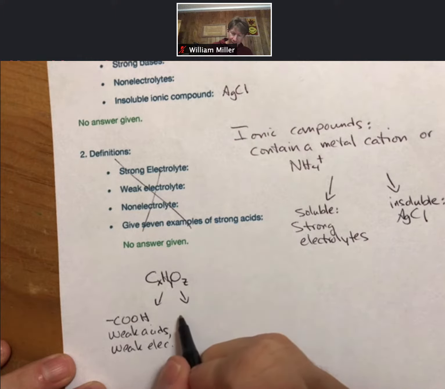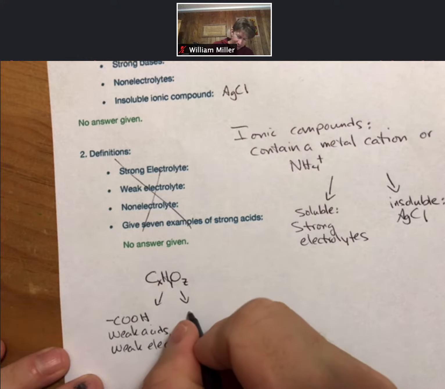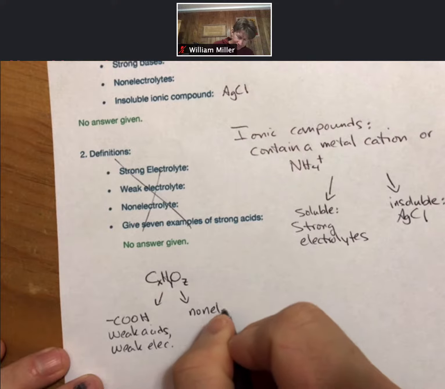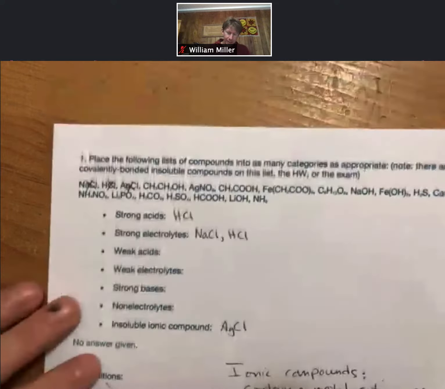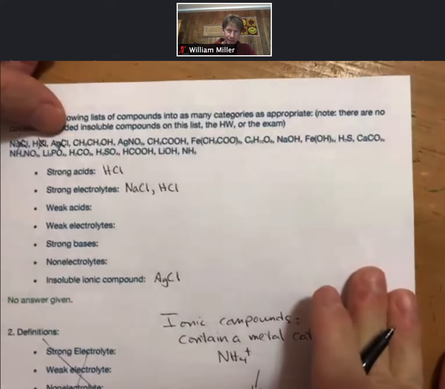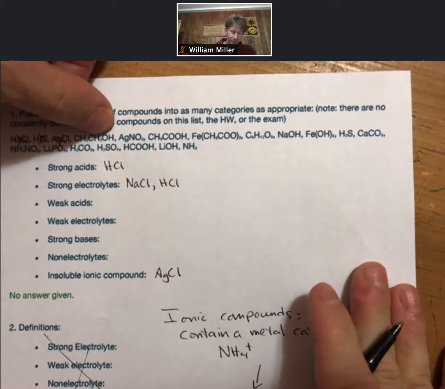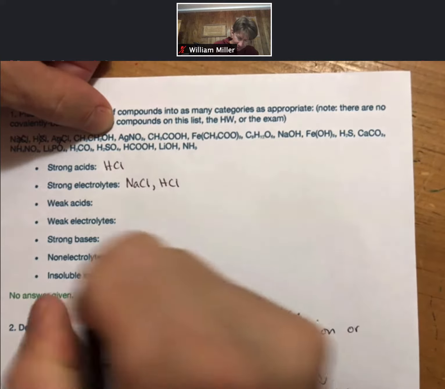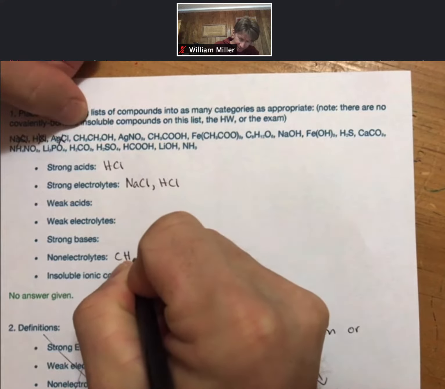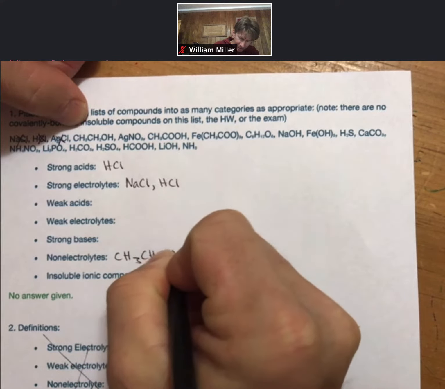Or they can not have COOH, in which case they are non-electrolytes. This particular compound is an alcohol. It's got the OH on the back. And that means it does not have COOH, so it is a non-electrolyte. So CH3CH2OH.